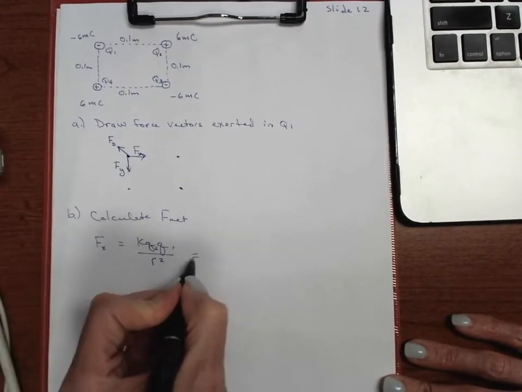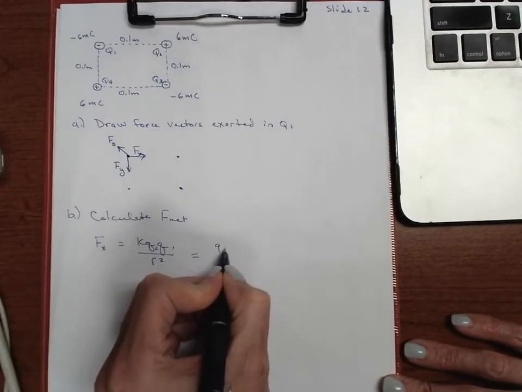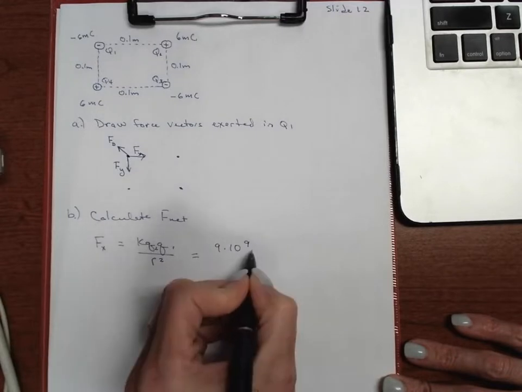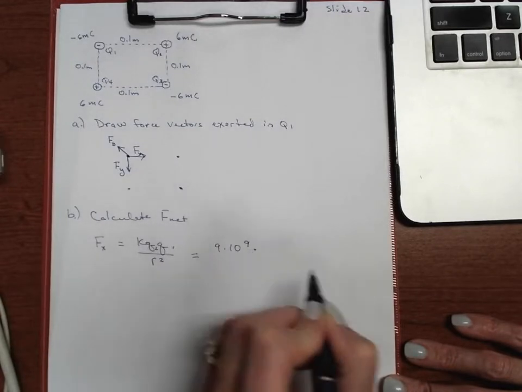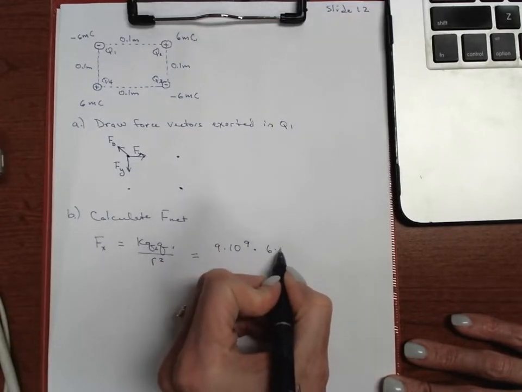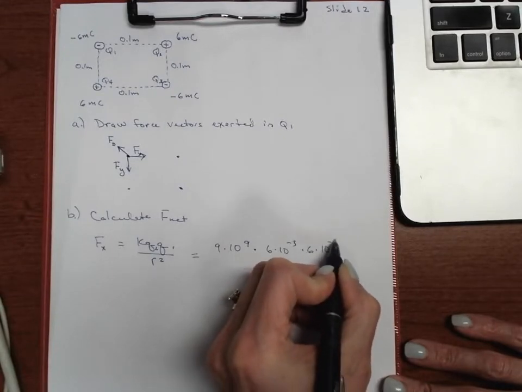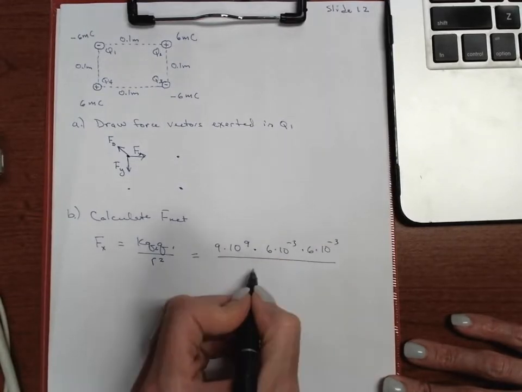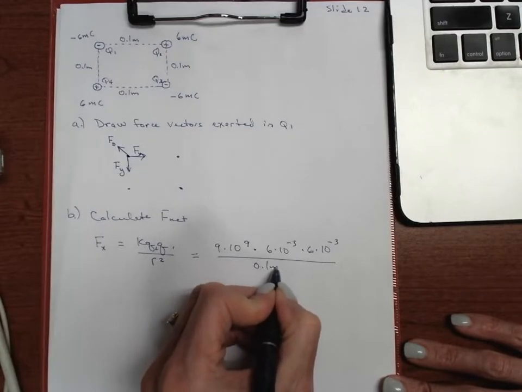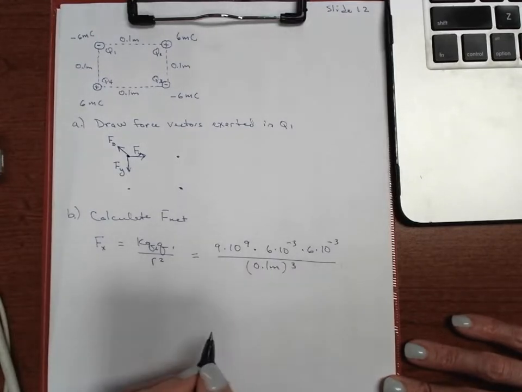When we plug in our numbers, we're going to have 9 times 10 to the 9th. I'm not going to do units here. And I'm going to have 6 times 10 to the minus 3 coulombs times 6 times 10 to the minus 3 coulombs all over 0.1 meters squared.